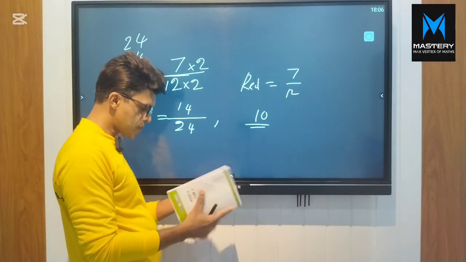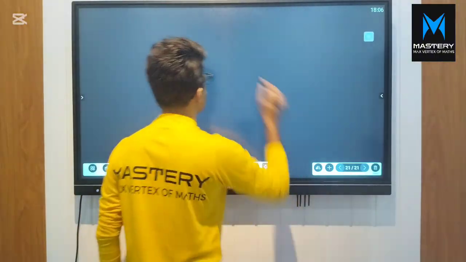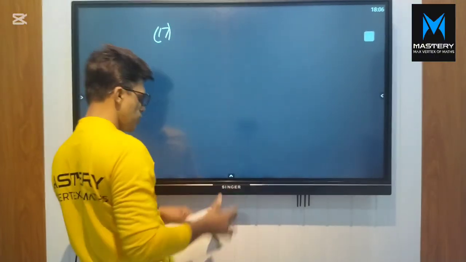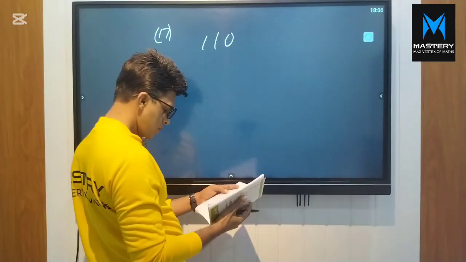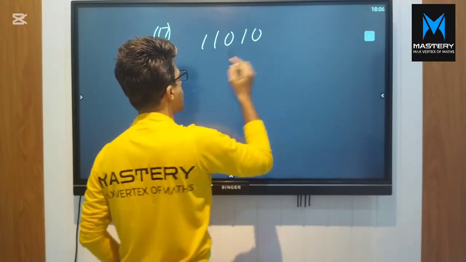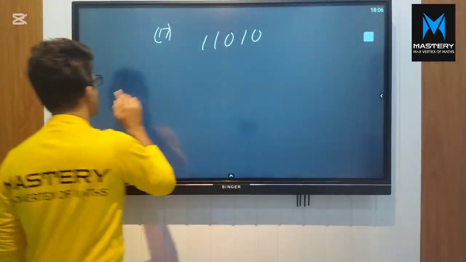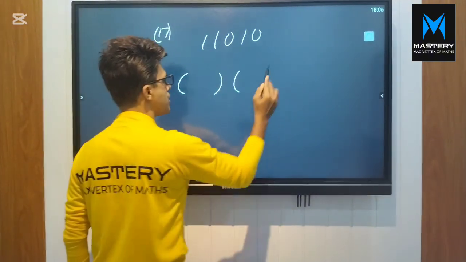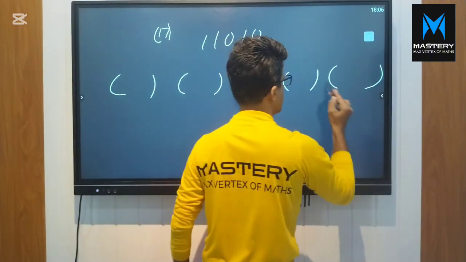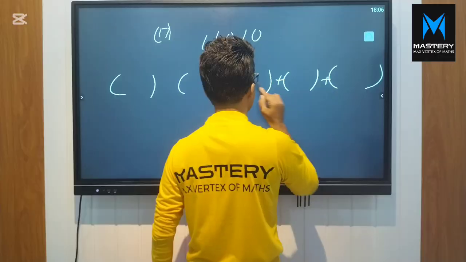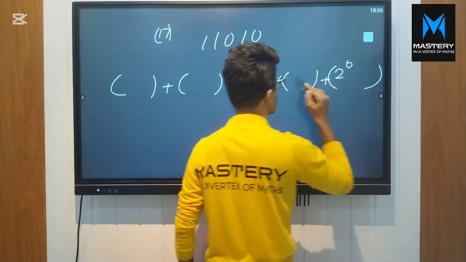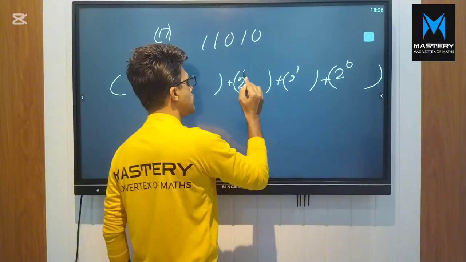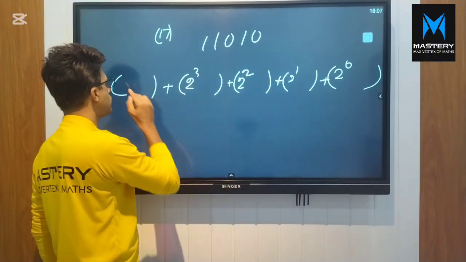Write this as a decimal number. You need to write this binary number 11010 as a decimal number. There are 5 digits: 1, 2, 3, 4, 5. Put the place values here: 2 to the power 0, 2 to the power 1, 2 to the power 2, 2 to the power 3, 2 to the power 4.